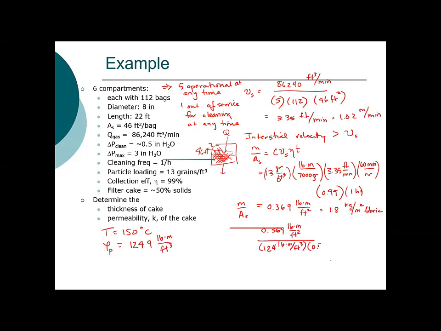And I'm going to multiply by 0.5. Why am I multiplying by 0.5? Exactly. It's 50% solid cake. The rest of it is air. Air has a much lower density. I can ignore the density of the air. And that is 0.0059 feet, or 0.071 inches.